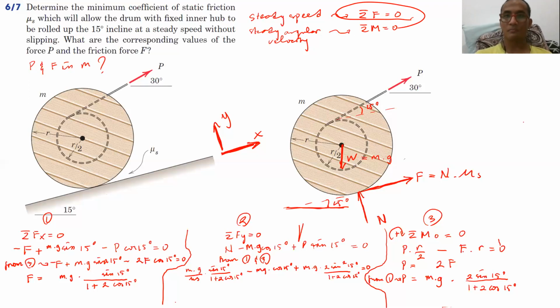And because it's moving at a 15 degree inclined angle, at steady speed, and without, remember, without slipping here, we know that besides the whole thing moving at steady speed, the whole thing rotates at a steady angular velocity as well.